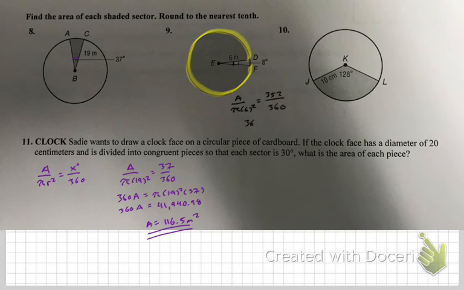Cross multiply, I get 360A equals, I'm going to be multiplying all this stuff together. So 6 squared is 36. 36 times 3.14 is 113.04 times 352 gets me 39,790.08. Divide that by 360. I get 110.5 inches.